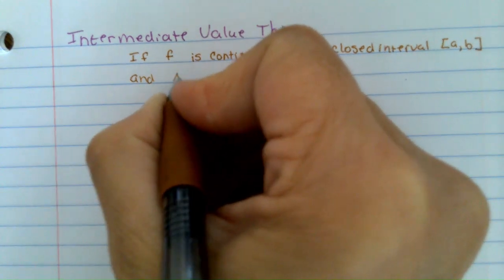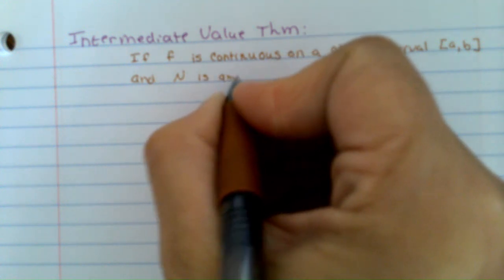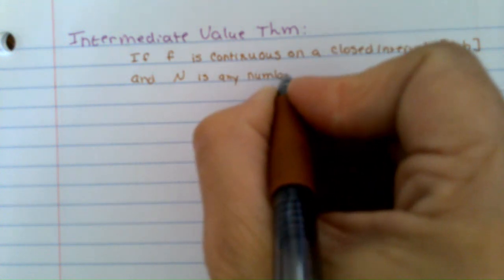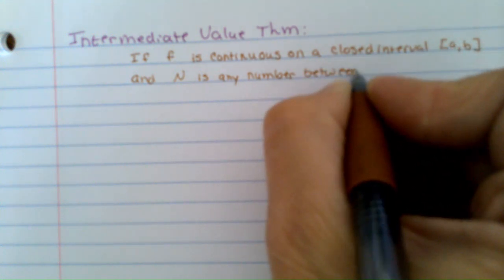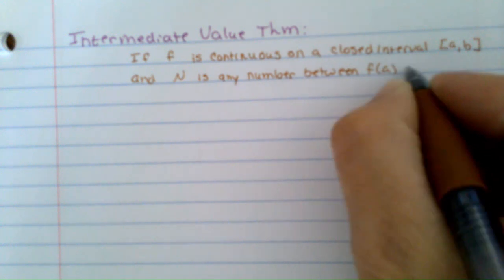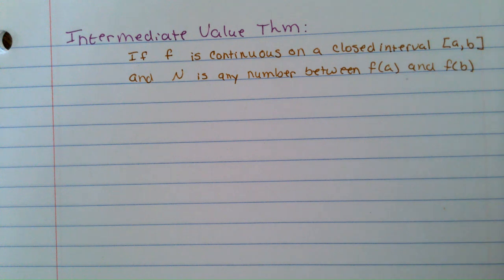And n is any number between f of A and f of B. Okay?